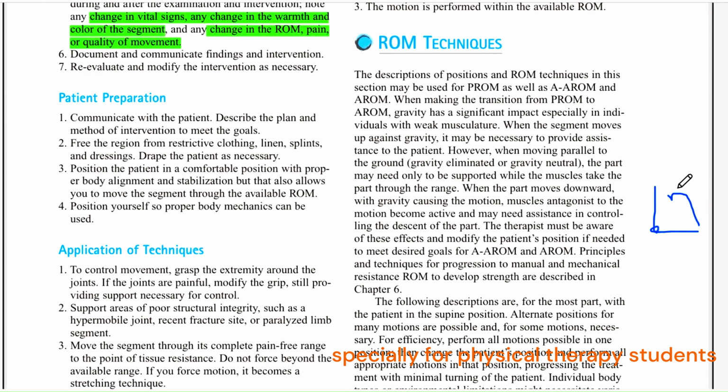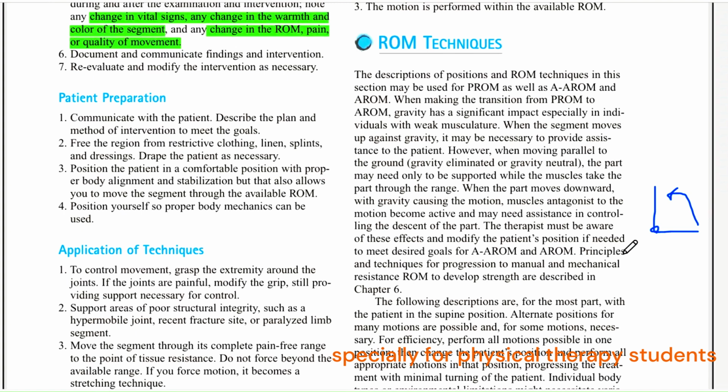When you or the patient can perform this movement by themselves, that is basically the active range of motion. If you, as a therapist, perform the complete movement on the patient yourself, it is basically the passive. And active assisted is when the patient can perform maybe half the movement, and then says it is so painful, I cannot tolerate that.